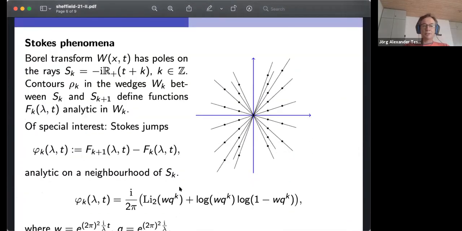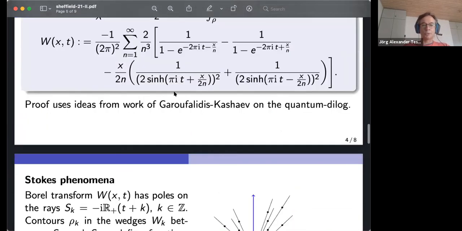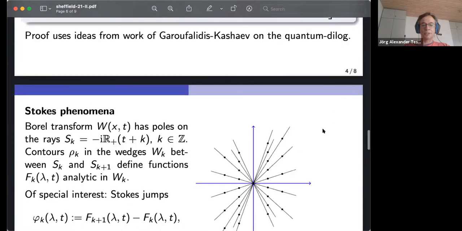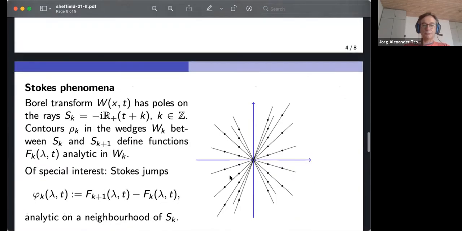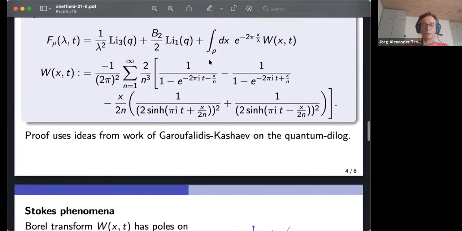Then we analyze the Stokes phenomena, the jumps. Using the Borel transform, we can compute it because the Borel transform has strings of poles which lie on these rays here. You have a choice of the contour you want to use in the integration.